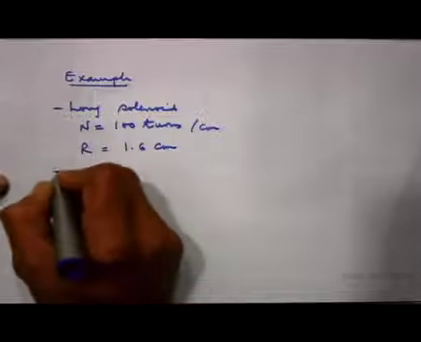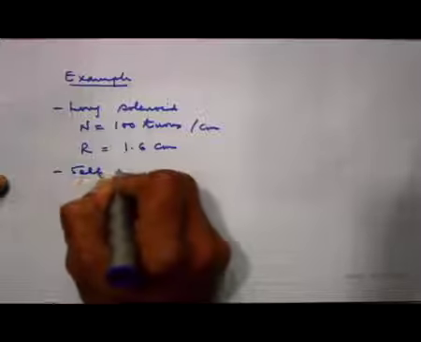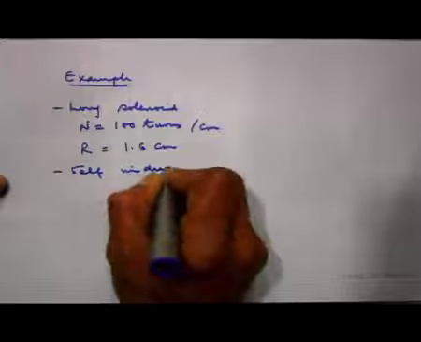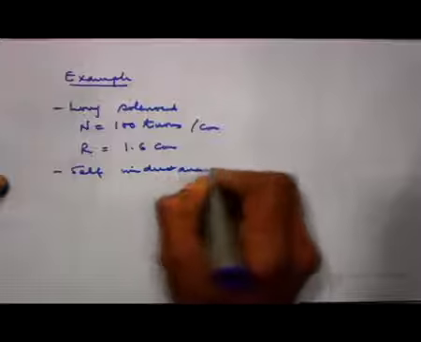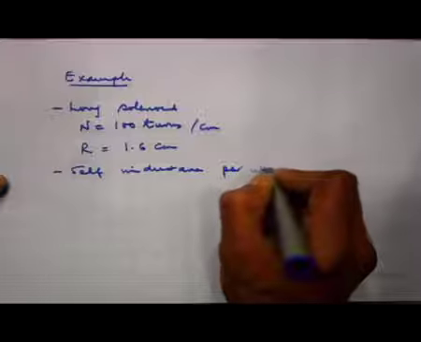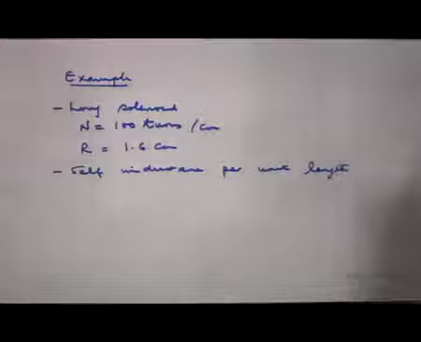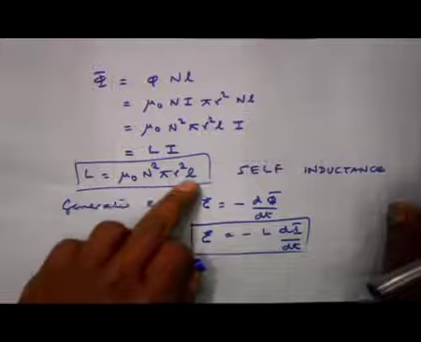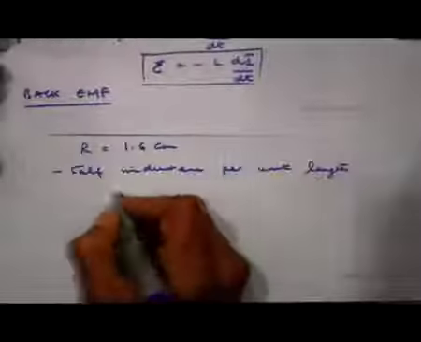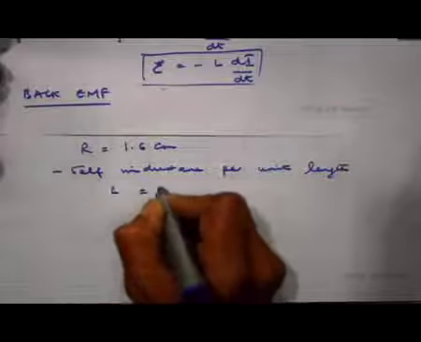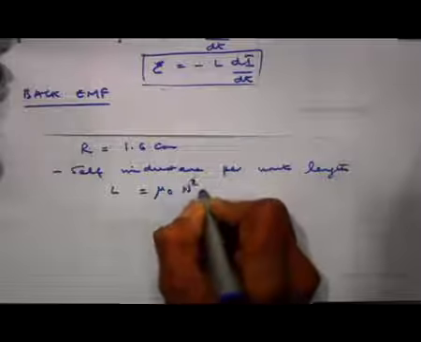I want to calculate the self inductance per unit length. We had calculated self inductance earlier. This is the equation: L per unit length will be mu naught n squared pi r squared.